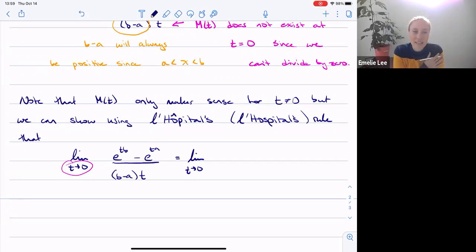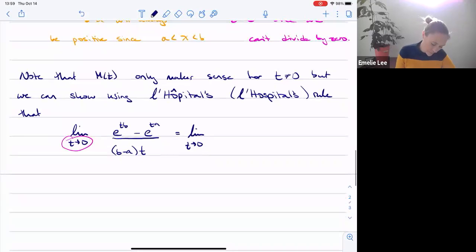I can take the derivative with respect to t of both the numerator and the denominator, and rearrange them as a fraction. And how do we usually write it? We usually write LH over the equal sign to show that I'm taking the derivative of the numerator and the denominator separately, so you don't need the quotient rule or anything. You can just do it separately.